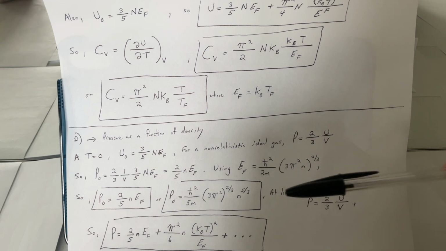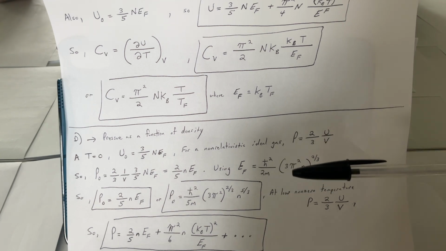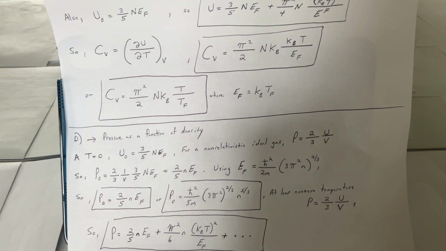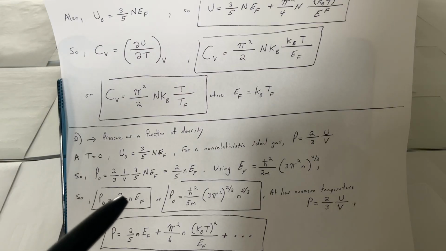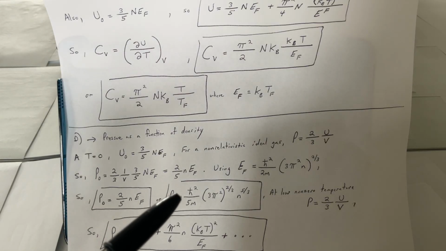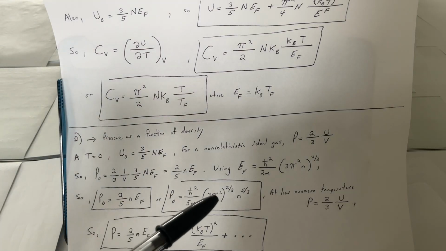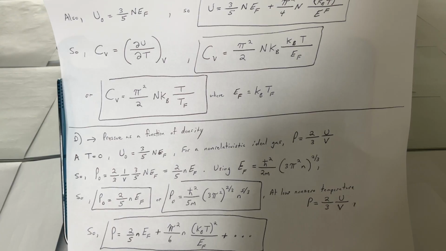Using E sub F equals h bar squared over 2m times the quantity 3 pi squared n raised to the 2/3, P naught equals (2/5) n E sub F, or P naught equals h bar squared over 5m times (3 pi squared) to the 2/3 times n to the 5/3.